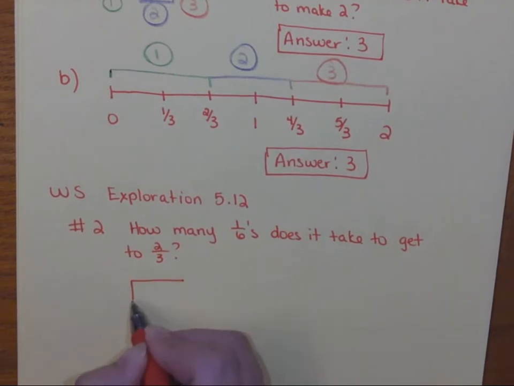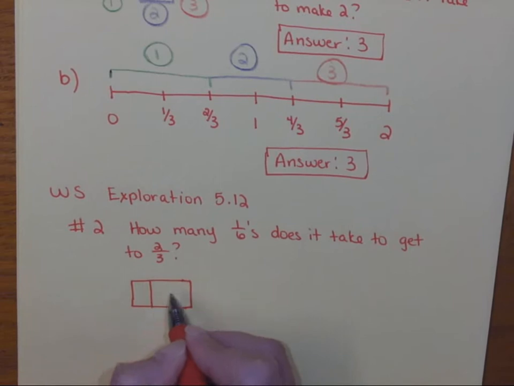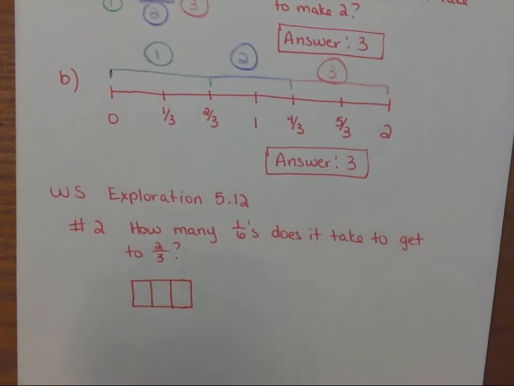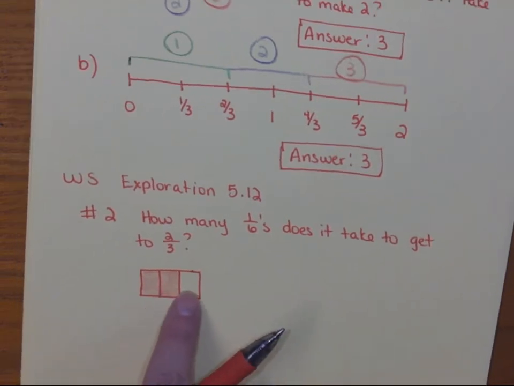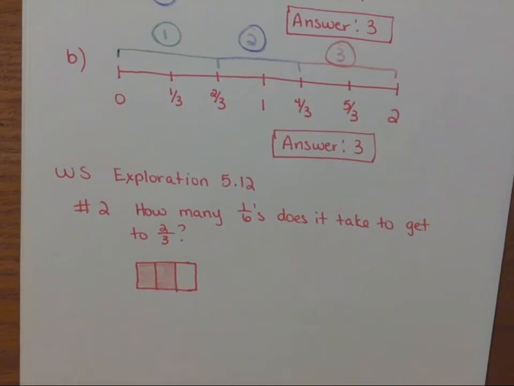So we need to start with 2/3. I'm going to make this rectangle bigger because I might need to split this up in some way. So if this is his gas tank, if his gas tank is rectangular, which it wouldn't be, right? But we're going to make it easy with our drawing. The problem is that I don't really know how to take away or count 1/6 in here. So you need to think of some way that you can partition or split this up differently.